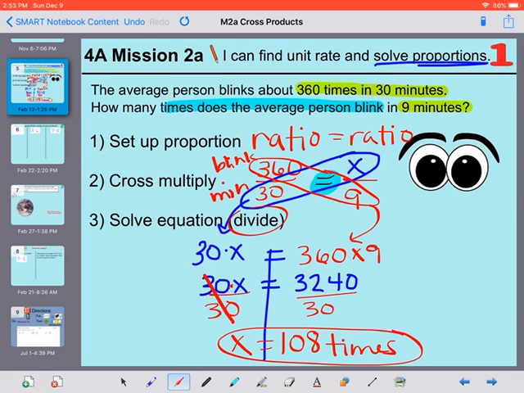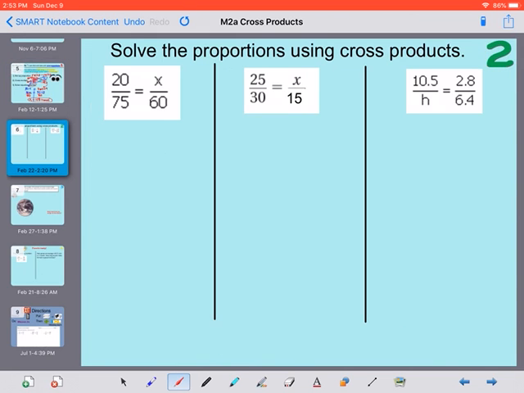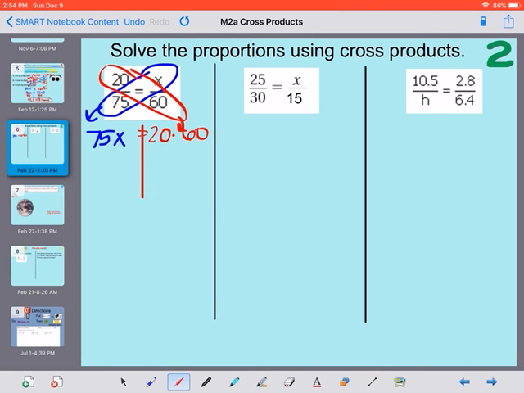So here we have a couple more proportions already set up, a ratio equal to another ratio, a fraction equal to a fraction. We need to solve using cross multiplication. So we're going to cross multiply 75 multiplied by x on one side. I always write this one on this side and then this one on this side, and they are equal to each other. 20 multiplied by 60.